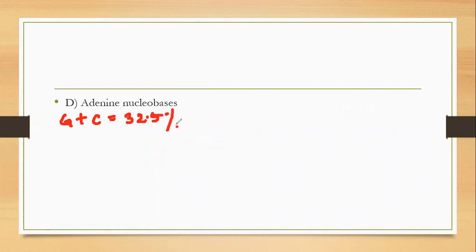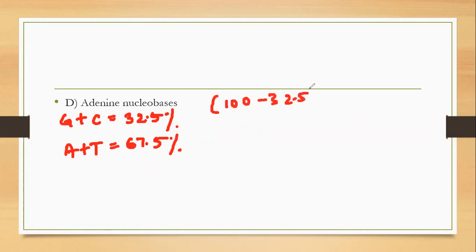Correct. Now this is the GC content. So it means the A plus T content is going to be 67.5%, because this is nothing but 100 minus 32.5, right? So AT content is going to be 67.5%.